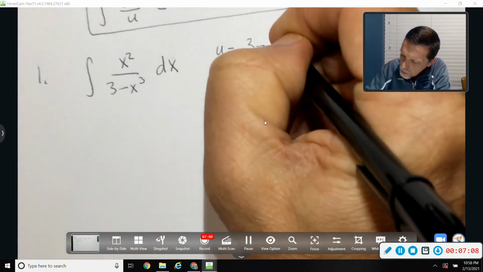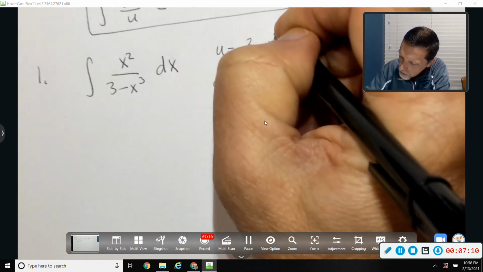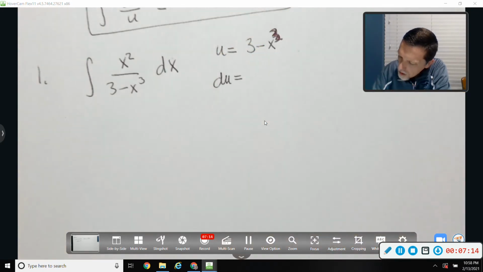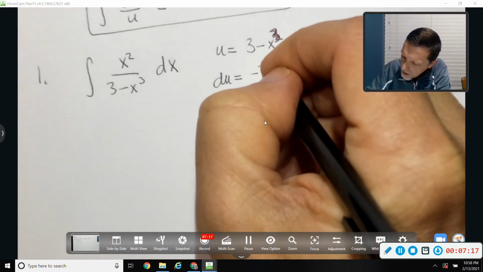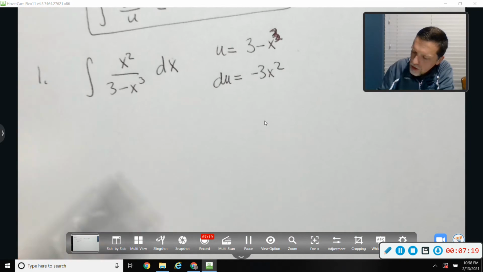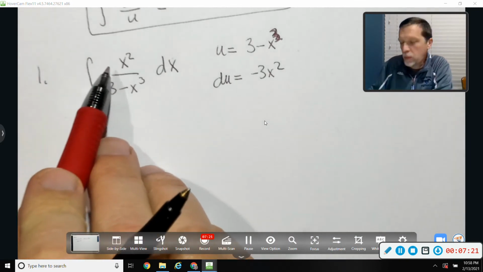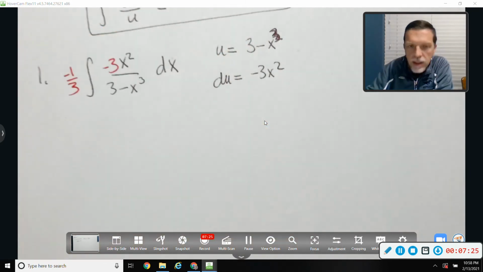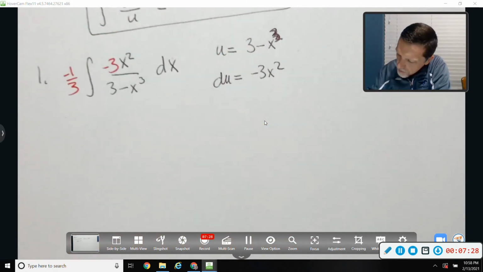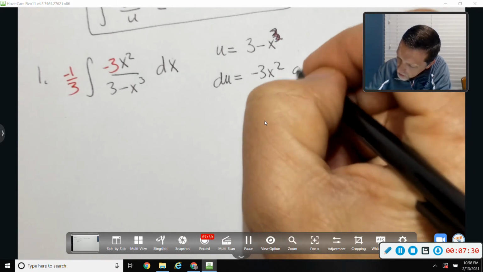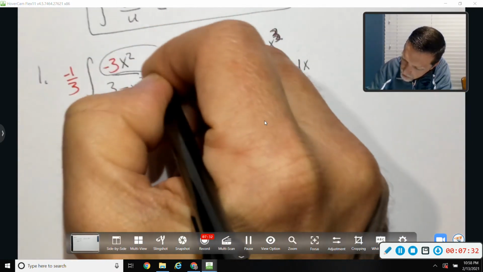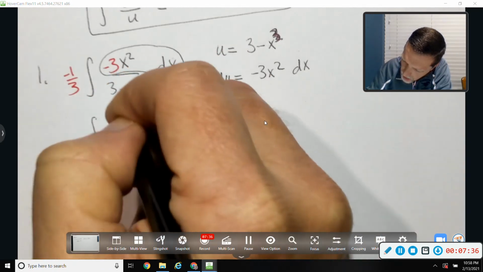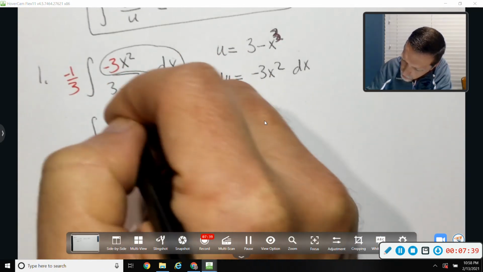So I'm going to let u be 3 minus x squared, or excuse me, 3 minus x cubed. Then du would be negative 3x squared, which is close to what we have up here. Remember, we can fix things that are off by a constant. Not too bad. And so this top part is du, and we have 1 over u du.